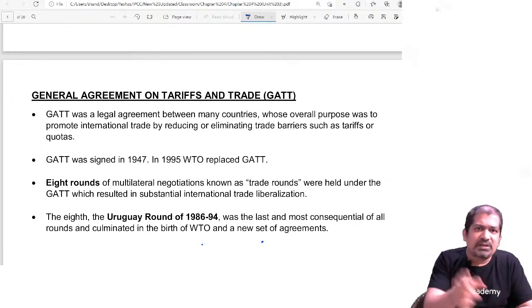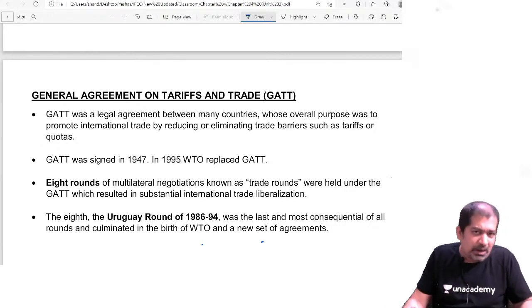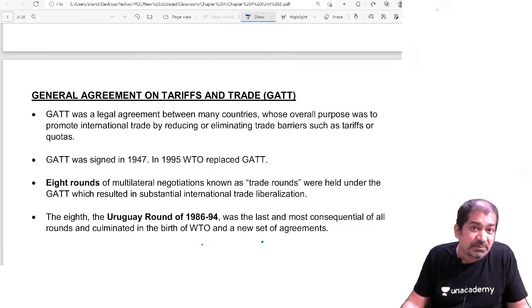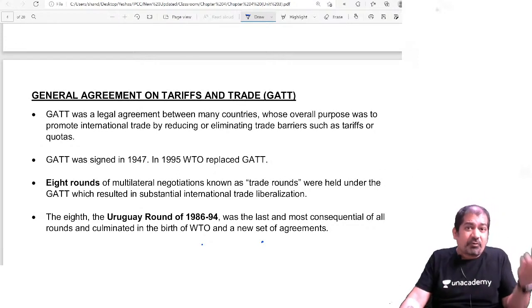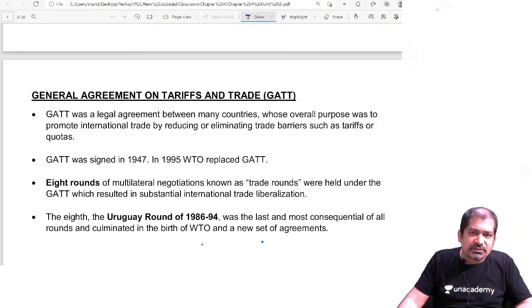Countries like Singapore and Malaysia generate more than 80% of their GDP from the service sector, not from manufacturing. Manufacturing does happen there as well, but I'm talking about 80-90%. So services have to be covered, but there was no agreement on services. That's a problem again.